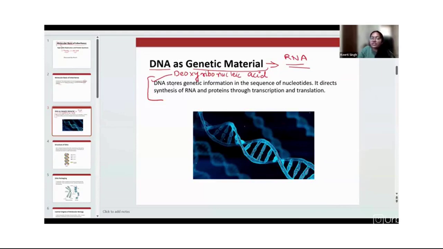So, DNA stores the genetic information in the sequence of nucleotides. What are these nucleotides? A nucleotide is made up of a nitrogen base, sugar, and a phosphate group.